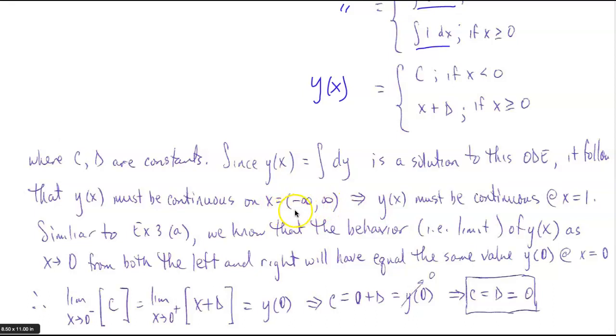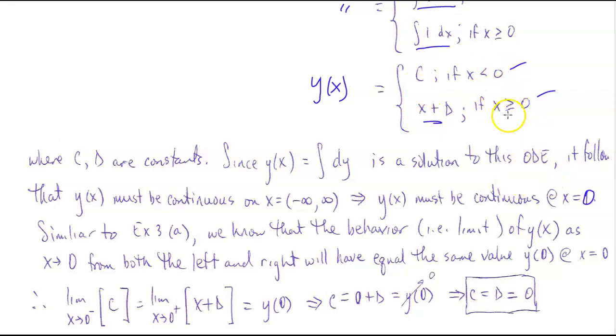And if it's going to be continuous for all real numbers, then it should also be continuous at x equals 0. And so not sure why I have 1 here, but that should be 0. So because of that, of course, the main deal here is that the function changes what it looks like from a constant function to a linear function at x equals 0.